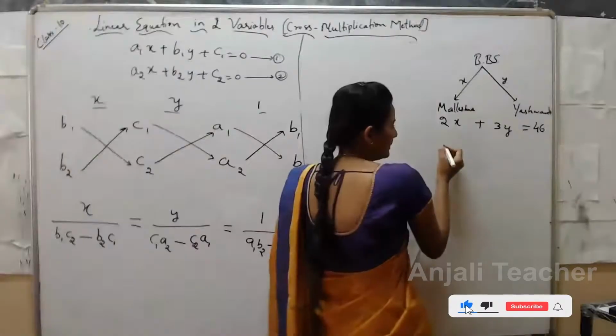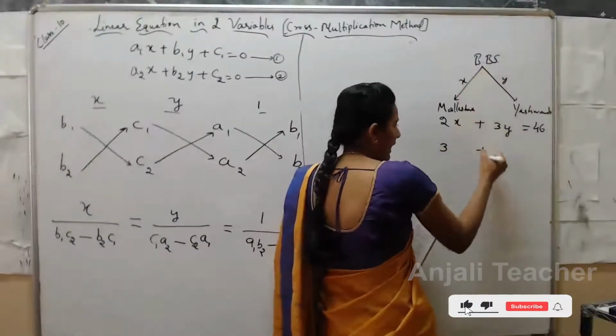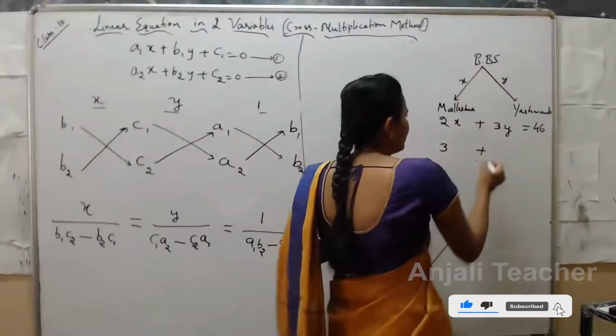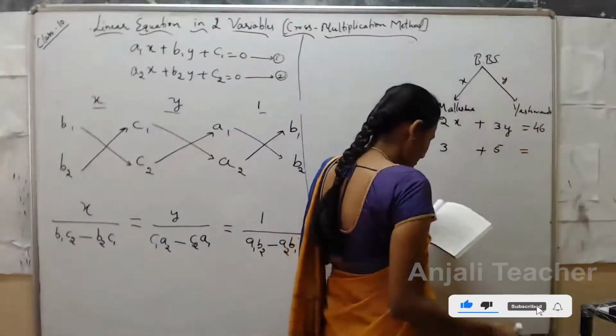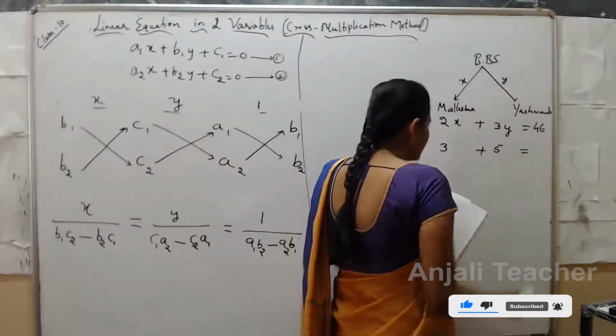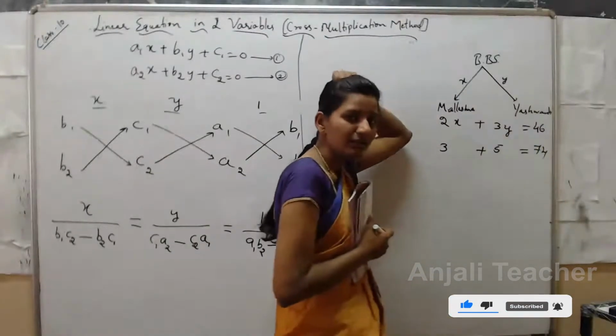Similarly, if you buy three tickets from bus stand to Malleshwaram and five tickets from bus stand to Yeshwantpur, what will be the price? 74 rupees. Did you understand?